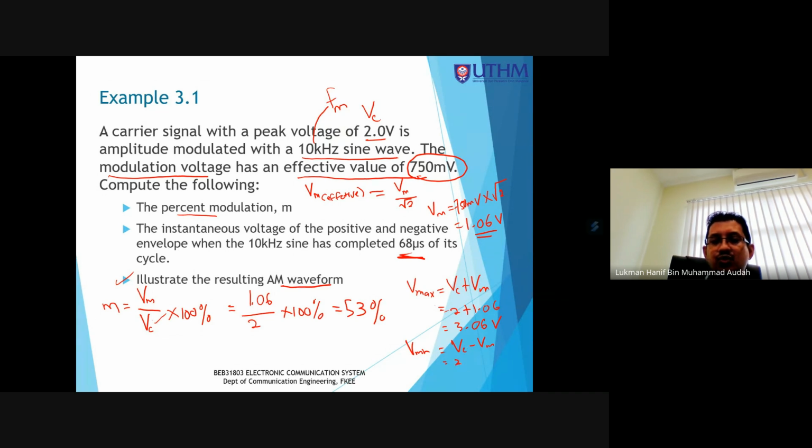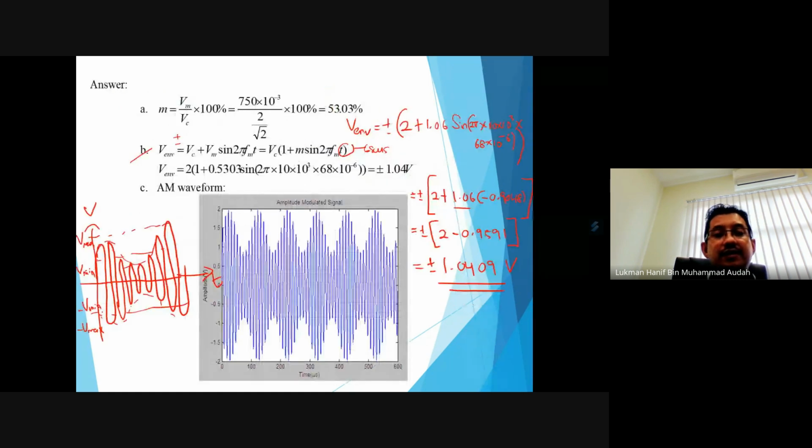So this is 2 minus 1.06, so you get 0.94 volt. So you just need to label this Vmax and Vmin, then complete.